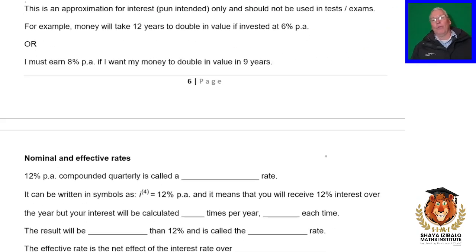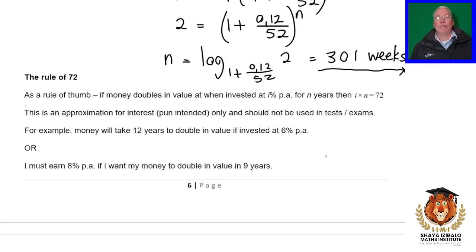Here's a useful little rule of thumb, which we just share with you for interest. Money doubles when the product of the interest rate and the number of years equals 72. So for example, if we've got 12 years, then money will double at 6% per annum, because 12 times 6 gives us 72.